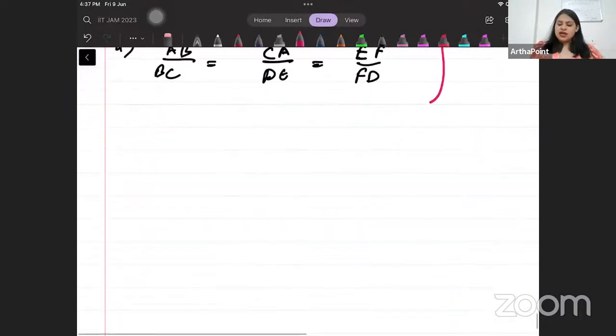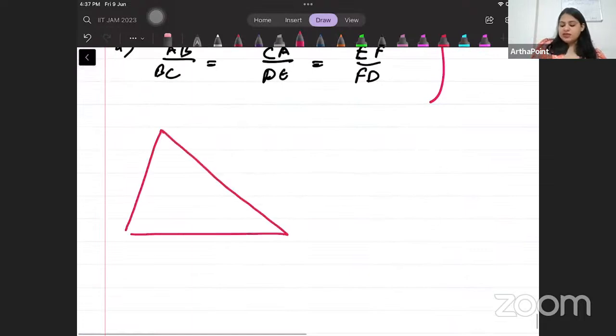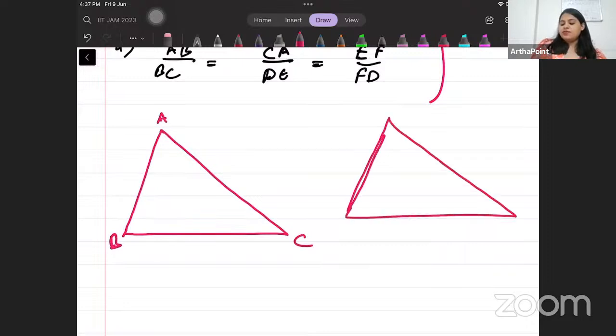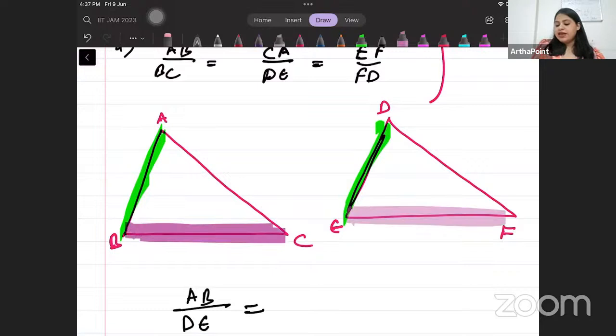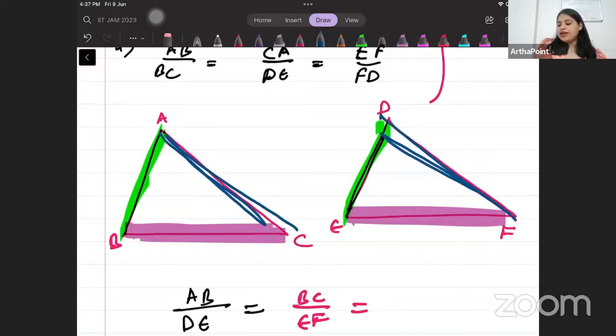बहुत easy है, diagram बना के देख लो. So I have triangle ABC and triangle DEF. The ratio of corresponding sides must be equal to each other. So I must have AB by DE equal to BC by EF, equal to AC by DF.